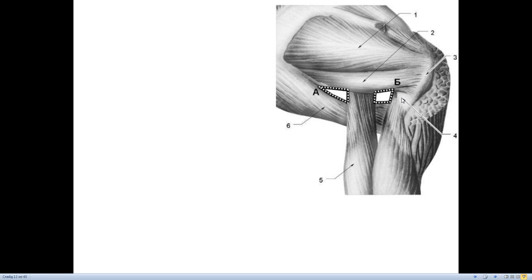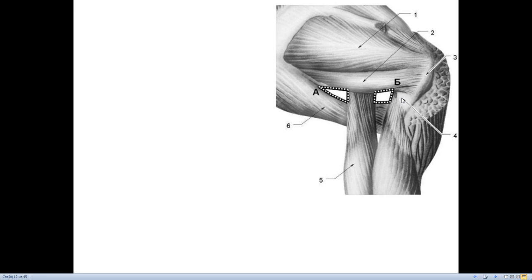Central lymphatic nodes, second group, nodi lymphatici centrales, rest in the center of the axillary fossa. They collect the lymph from superficial lymphatic vessels of the upper limb, thorax, and part of the lymphatic vessels of the mammary gland. See, once more, mammary gland.